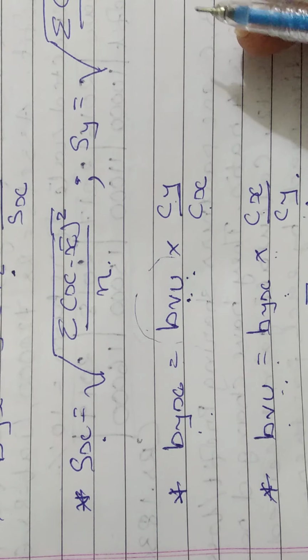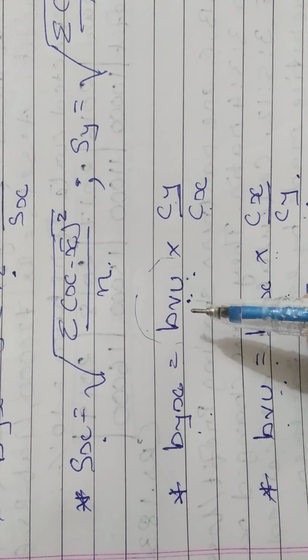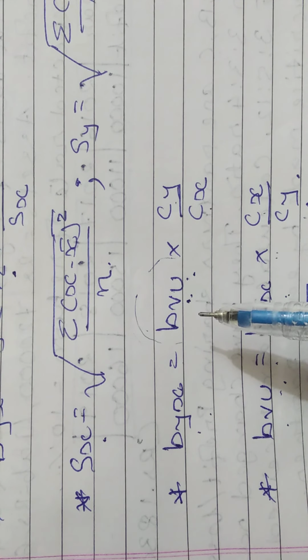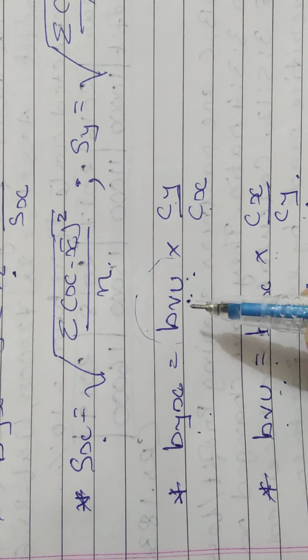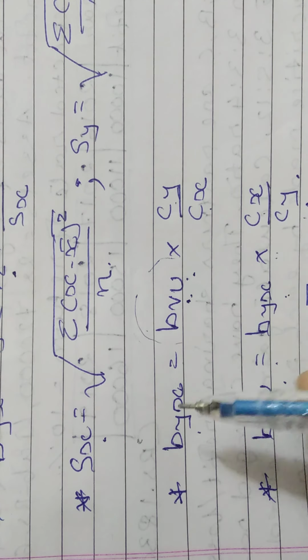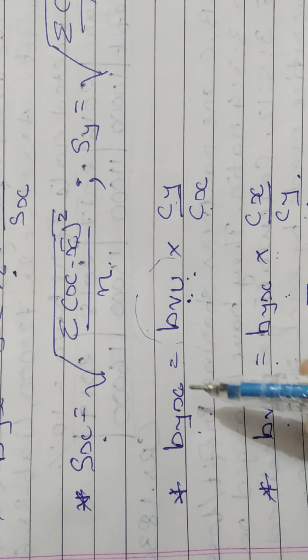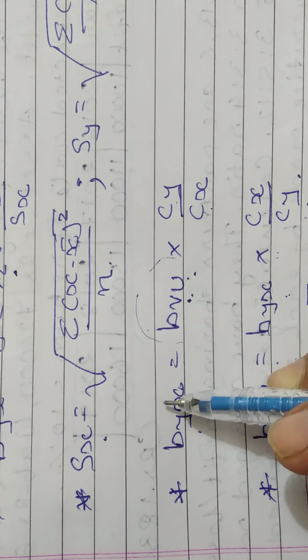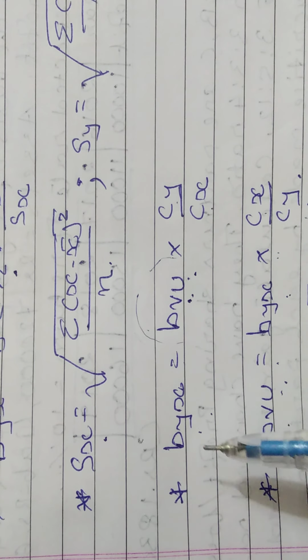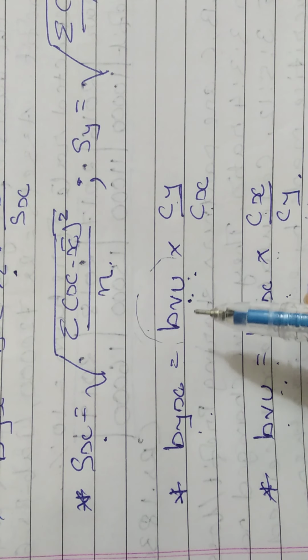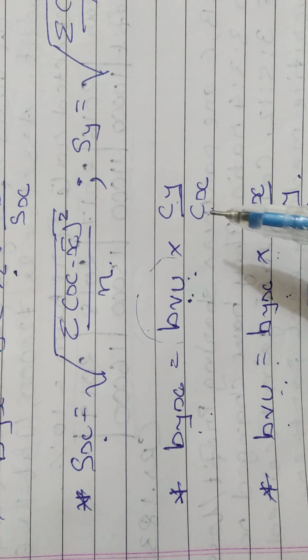The most important format is bvu, as we were using the UV method, and in that UV method, u means x and v means y. Suppose you want to find byx and bvu is given, then the formula is byx is equal to bvu into cy by cx.